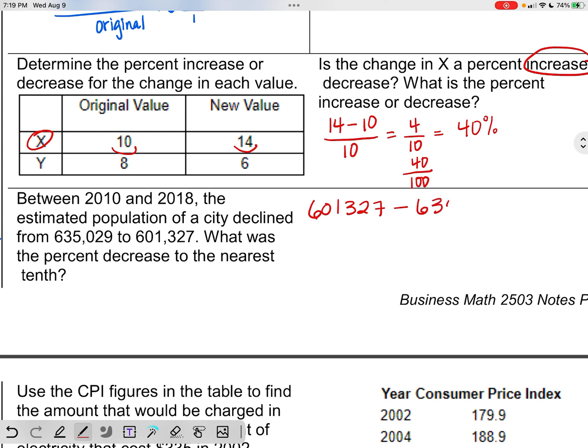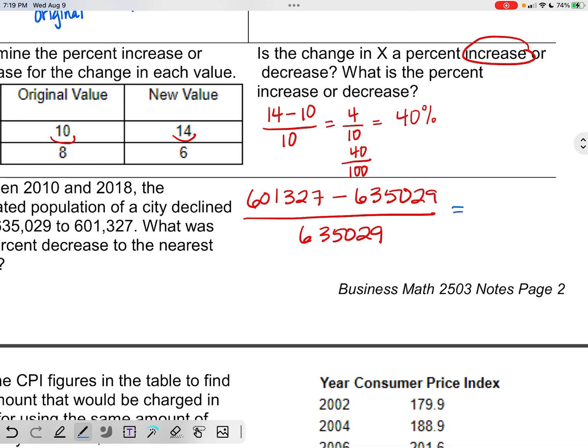Minus the old original, divided by the old original. My handwriting's going away. I'm so sorry, guys. Okay. On top, notice that your answer is going to be a negative. And we're dividing by that same denominator.